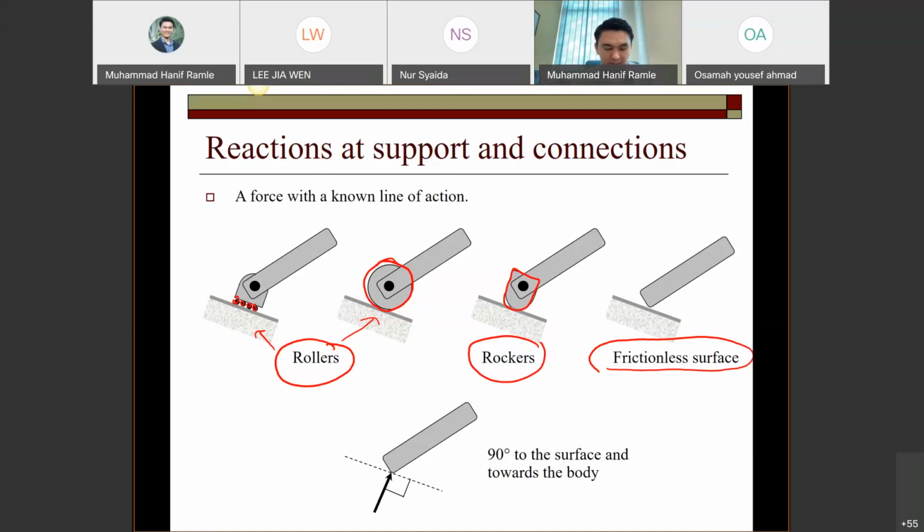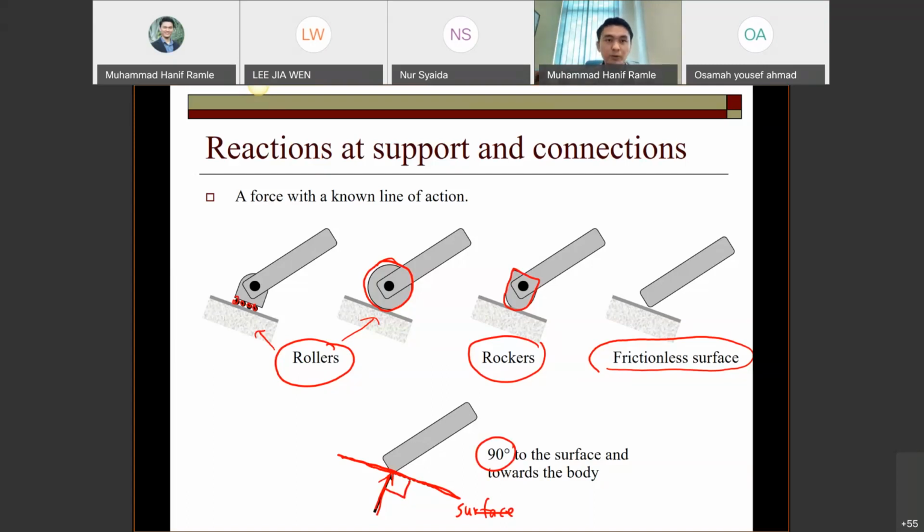If you find this system, there is some reaction that occurs at the surface, and the reaction is only one, pointing to the rigid body like this. And this is the surface. It should be 90 degrees to the surface and towards the body, pointing at the body.